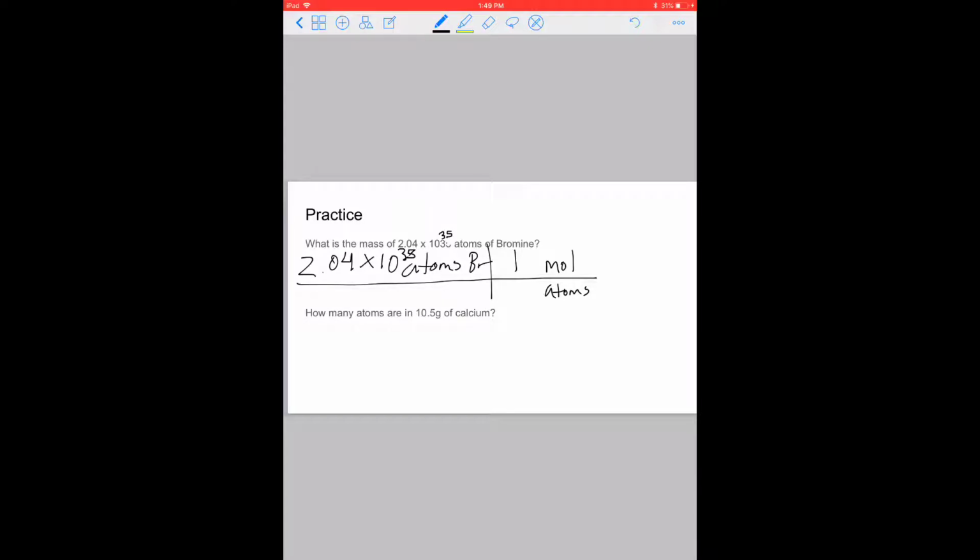And for every 1 mole of bromine, we're going to have 6.02 times 10 to the 23rd atoms. And then we're not done because it's asking for mass and we've only gone to moles. So we're going to put moles on the bottom again. And we're going to put grams up top because grams measures mass. And in 1 mole of bromine, we have 79.9 grams.